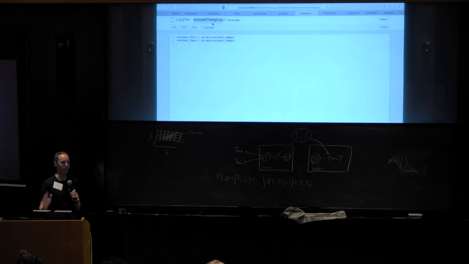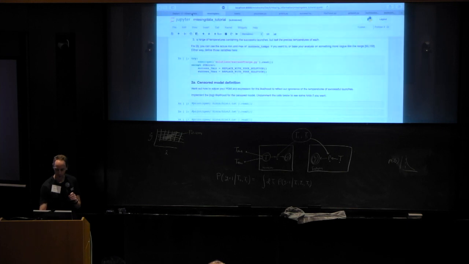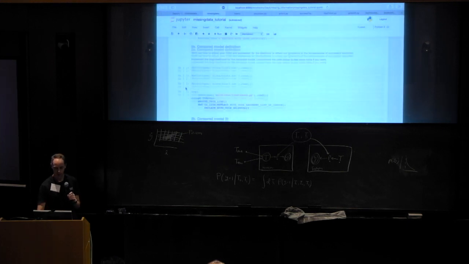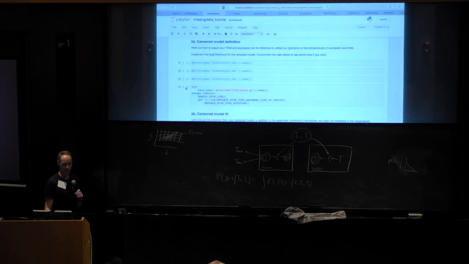It doesn't matter too much what you choose for this. I guess it would matter if it was actually smaller than the correct range, but beyond that, it doesn't necessarily. That's the wrong notebook.